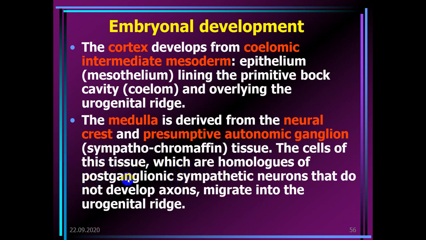The cells of this tissue are pale staining after hematoxylin because they are modified glial cells and produce mediators of the neural system. But the cortex, as you understand, is a derivative of mesoderm. That's why it is epithelial tissue.